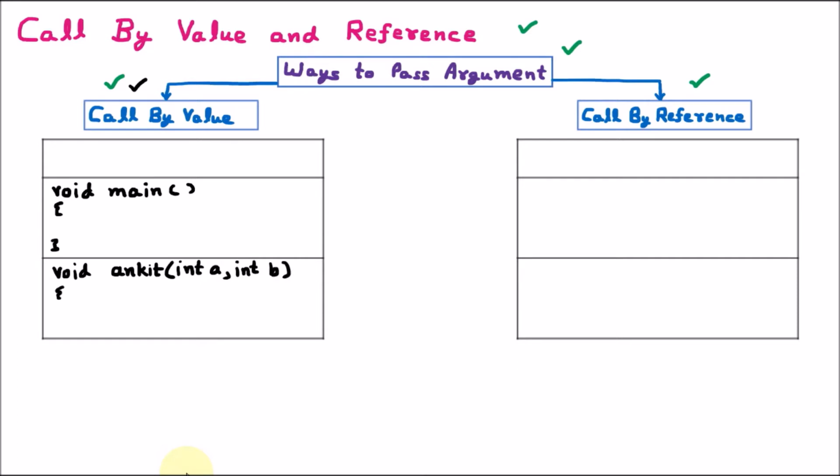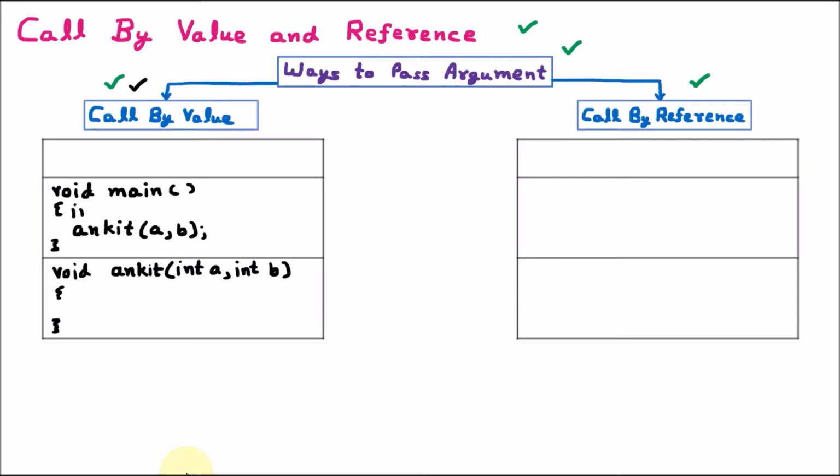Now it also has its body. To call this function inside the main, we have to make a function call. So here I simply write the name of the function, which is Ankit. In the brackets, I am passing two parameters, let's say A and B. That means inside the main, they should be defined.